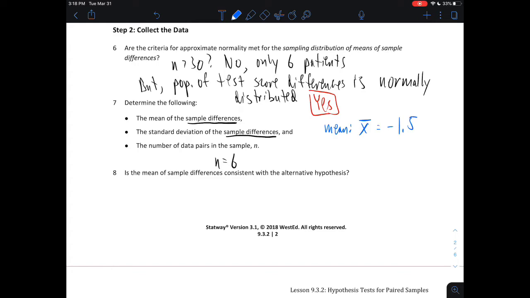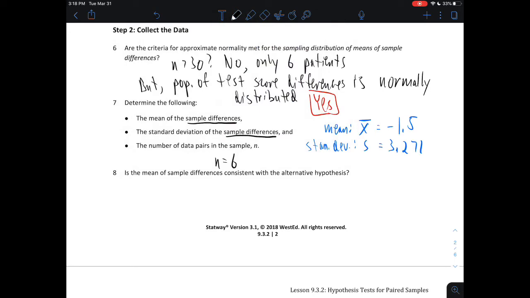We shouldn't be surprised that the negative is in the mean because more than half of those differences were negative. And then our standard deviation, which gets the symbol S, that's going to be 3.271. And then we already said that our number of data pairs, n, is 6.